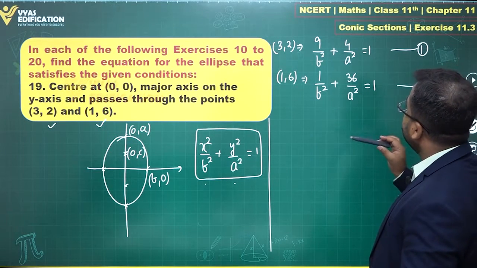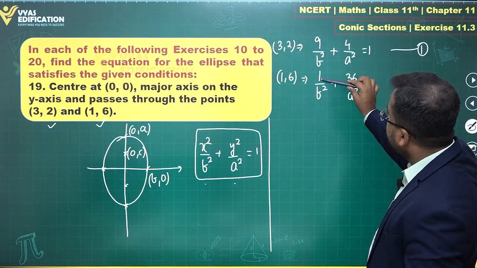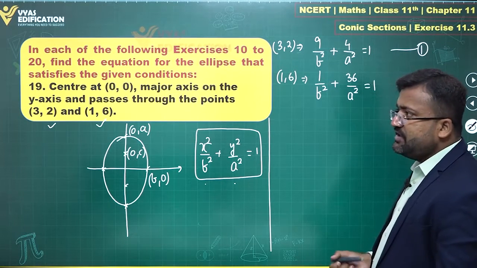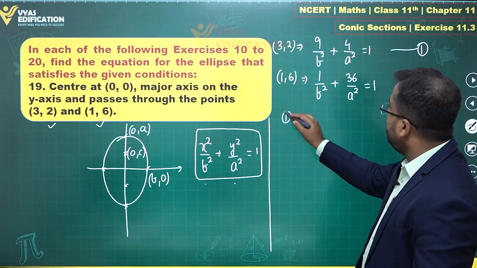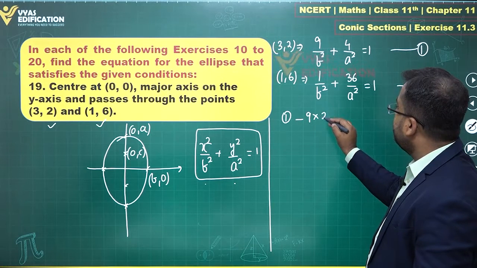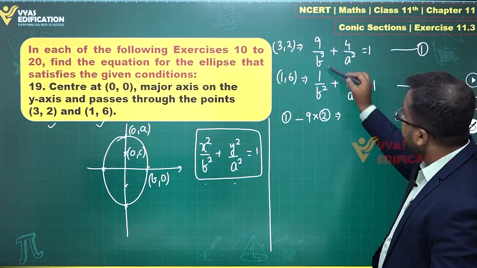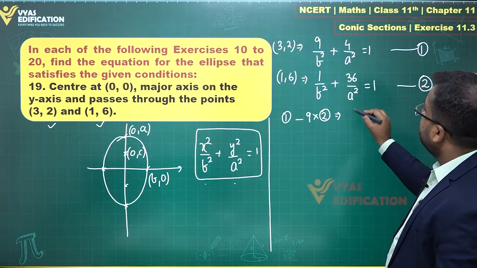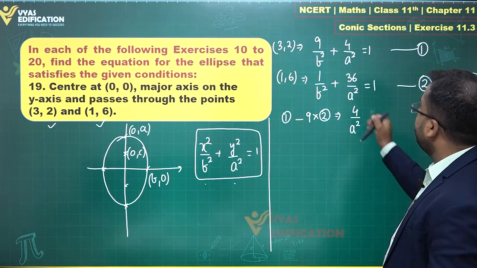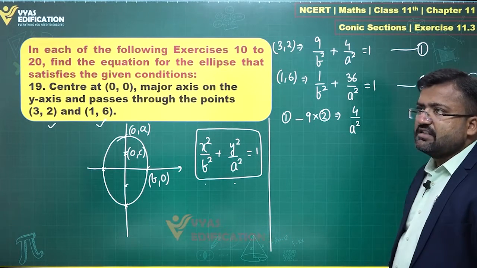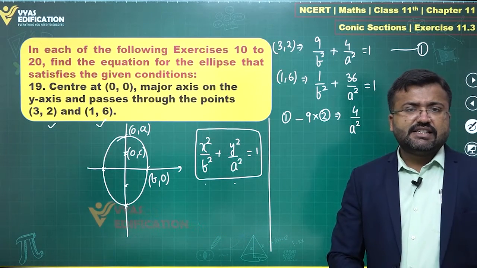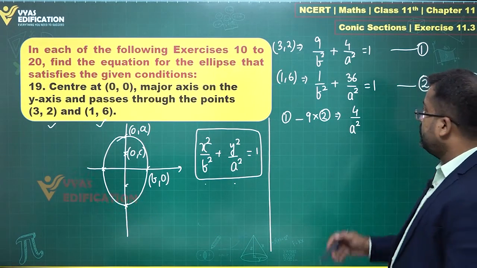Observe carefully. This can be multiplied by 9 and subtracted to eliminate b square, right? So equation 1 minus 9 times equation 2. What does that give me? 9 minus 9, b square will go. This is 4 by a square. 9 times 36, now what is 9 times 36? This is 360 minus 36, which is equal to 324.